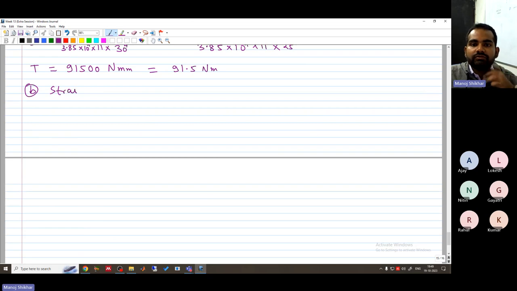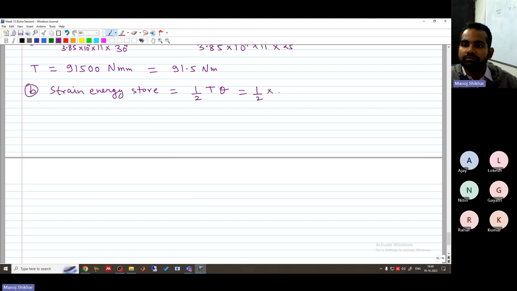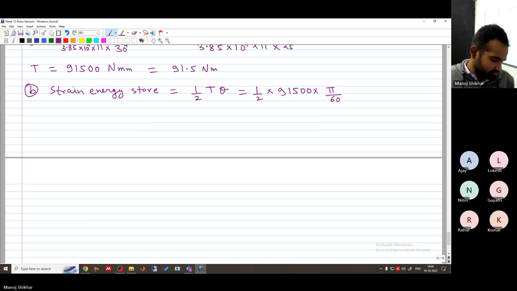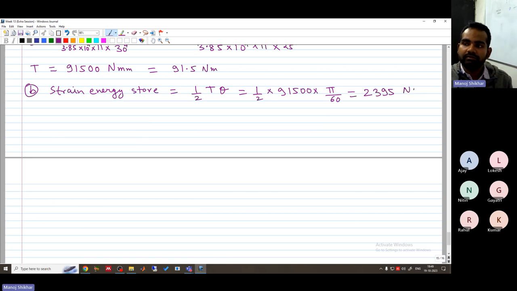strain energy stored equal to 1 by 2 into T into theta. So 1 by 2 into 91500 into pi by 60. This is 2395 Newton millimeter.